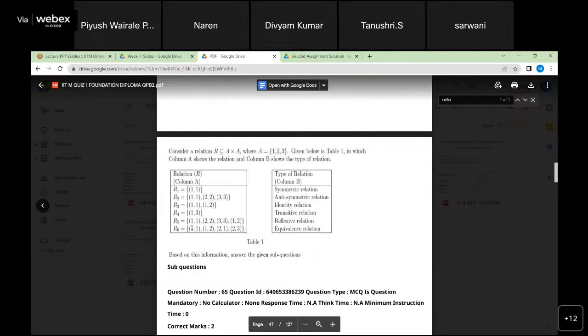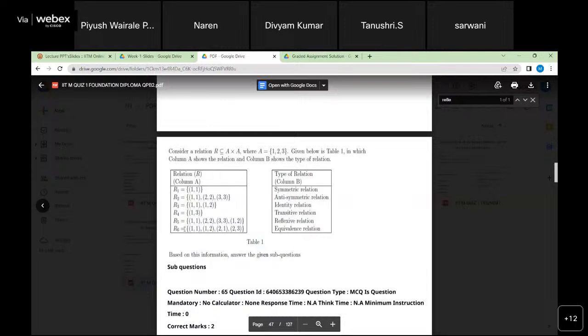See, first two elements only when I take 1 comma 2 and first 1, comma 2, yeah, A is 1 and B is 1. Next element also, B is 1 and C is 2. So I can say A comma C is 1 comma 2 and second element is 1 comma 2, which means transitivity relationship is there.